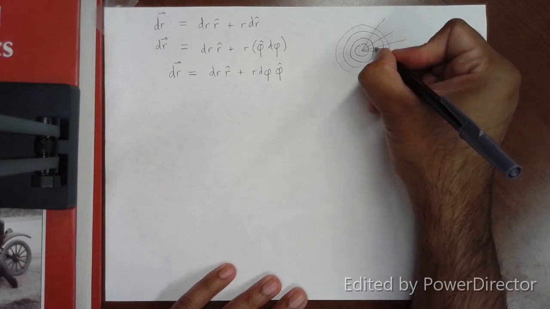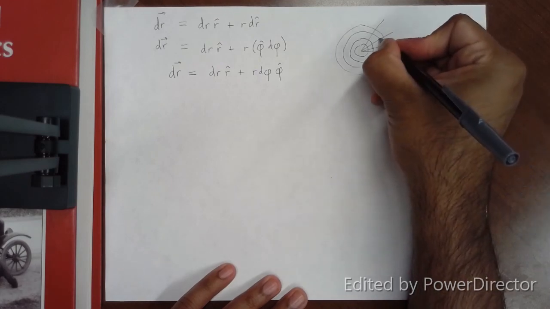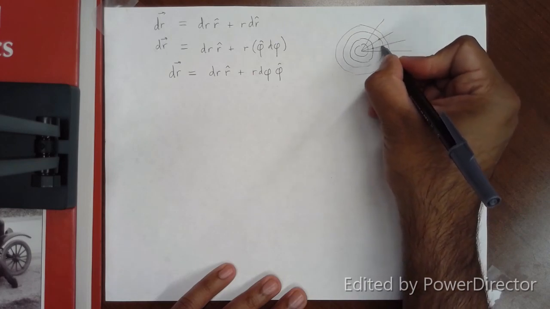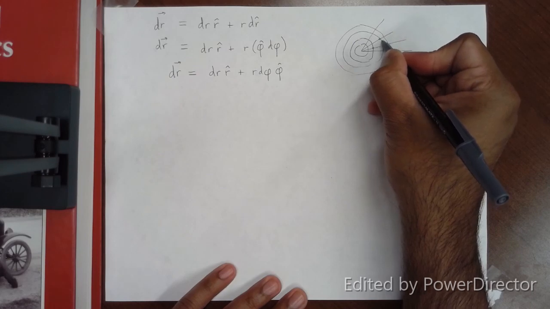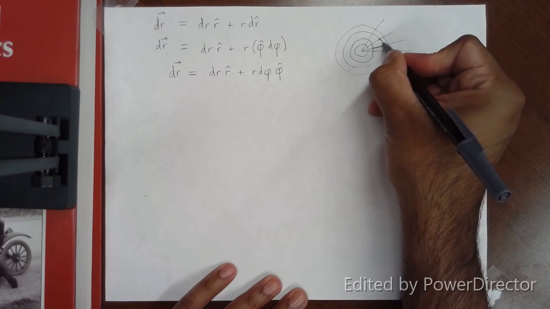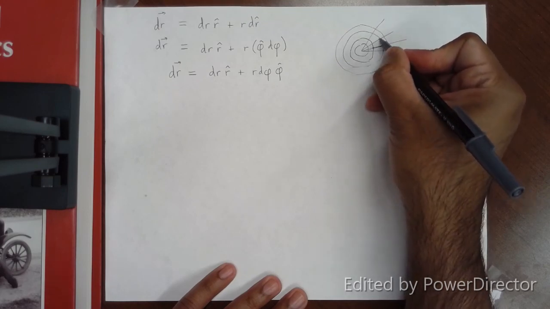What this is telling us is that if I want to move from here to here, I move a certain distance dr out in the radial direction, and then I move in the phi hat direction a distance of r d phi. So yes, the combination of those two motions takes me from here to here.